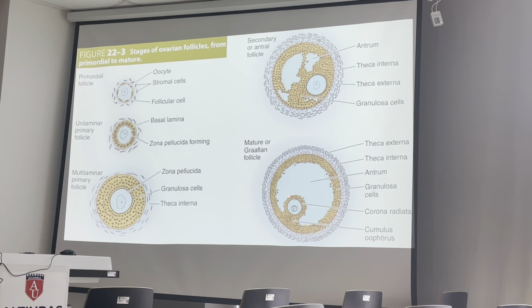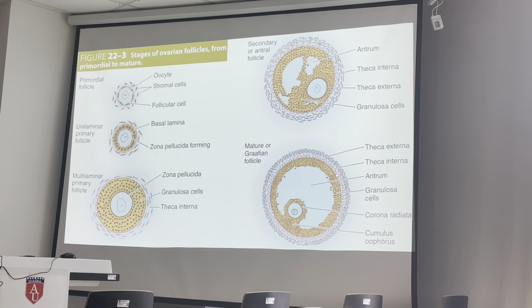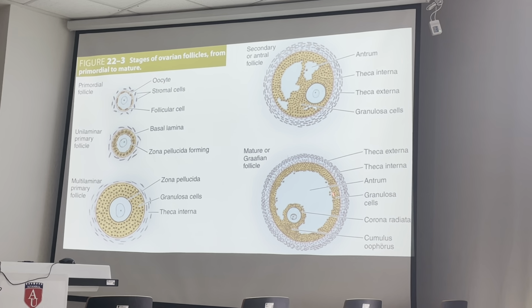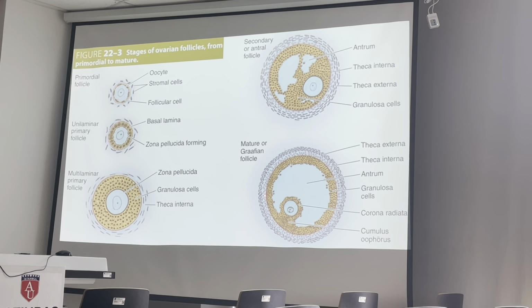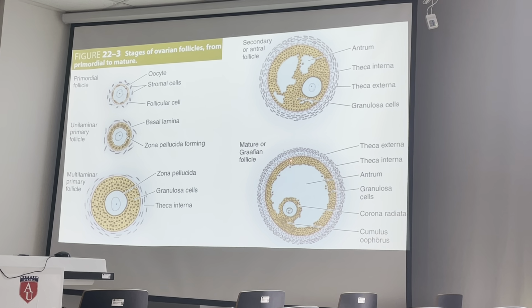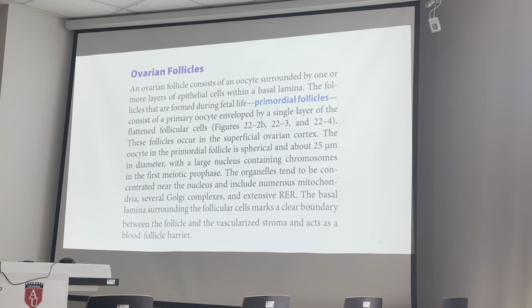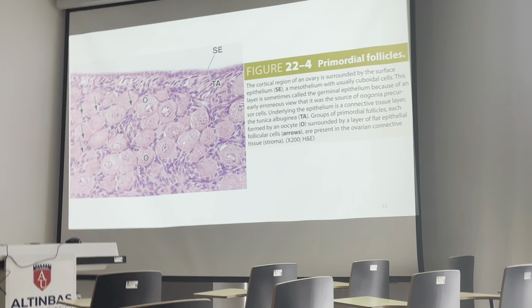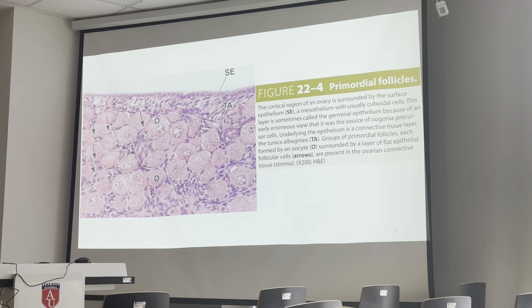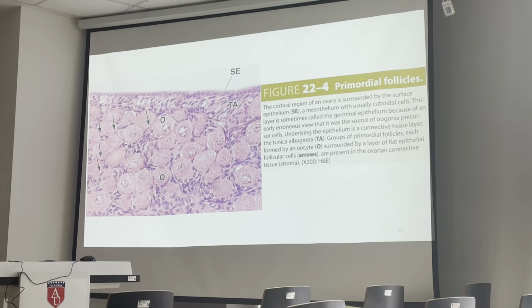This part is the corona radiata, cumulus oophorus, and the granulosa cell layer, theca interna, theca externa. Here you can see the basement membrane, which divides the granulosa cells from the outer theca structures. Here you can see an example of primordial follicles with flat follicle cells on the outer side.